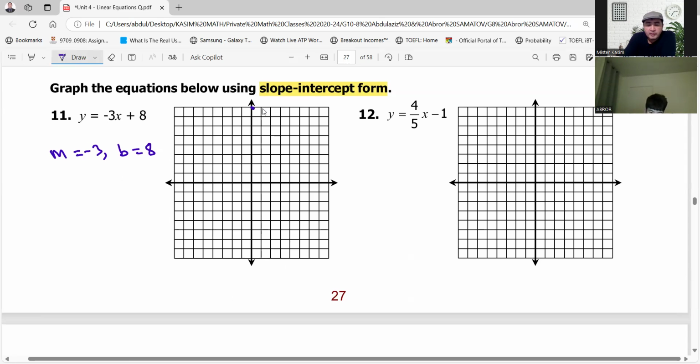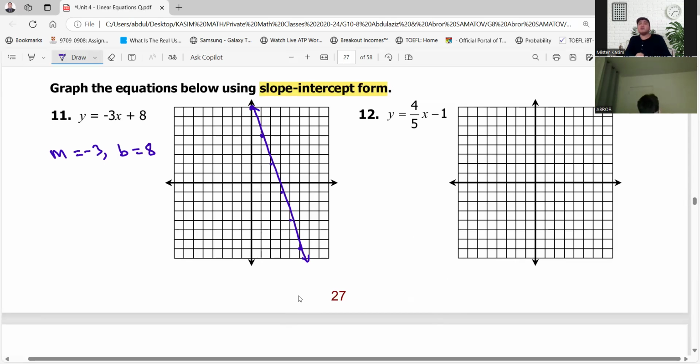So run 1 and down 3: 1, 2, 3, it is here. Run 1, down 3 again, it is here. I wish I could use a ruler here. I'll just connect these. If you connect these points, it will be the graph of this line.